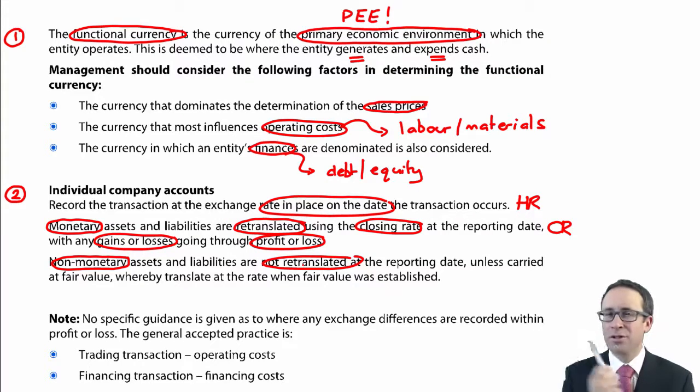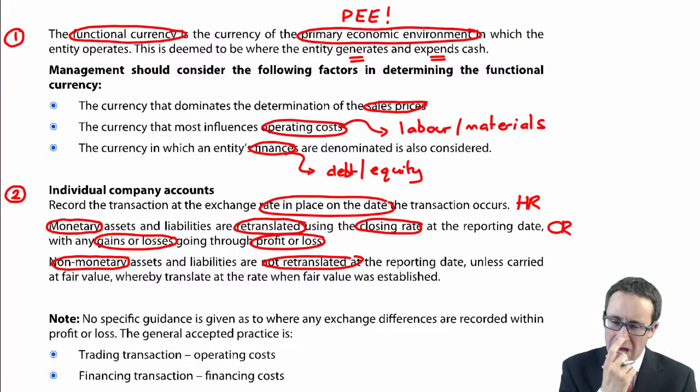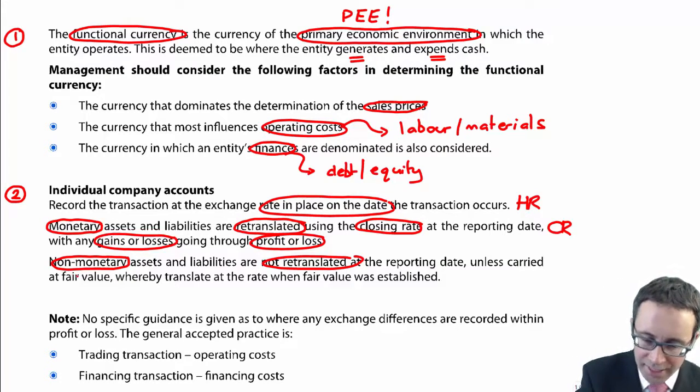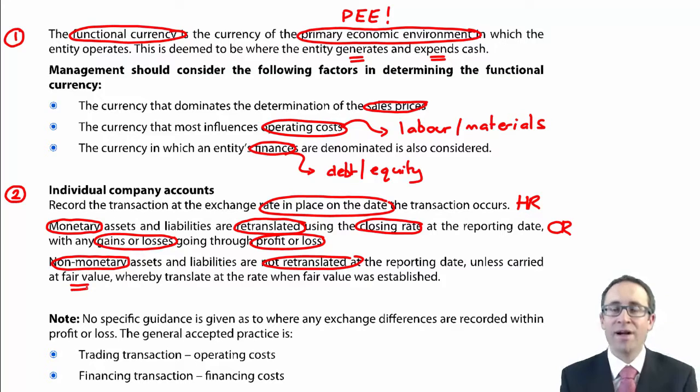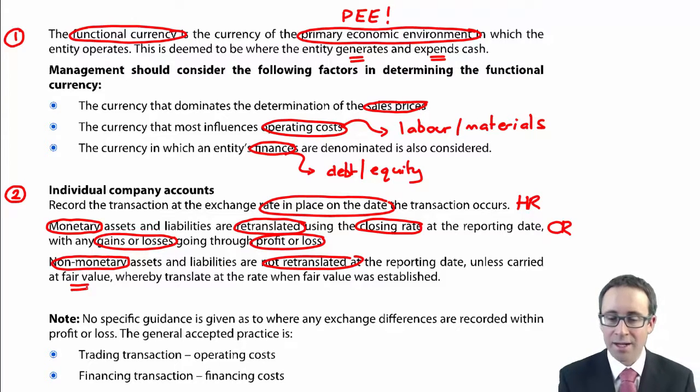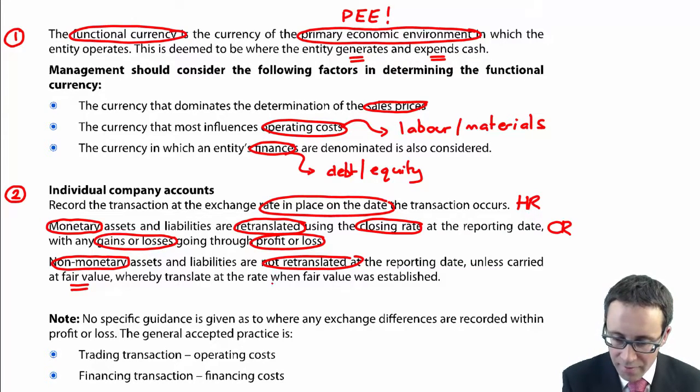Okay, there is an exception to the rule. I would just be aware, however, I don't think it's going to be examined at this F1 level. However, unless that non-monetary asset is carried at fair value and you need to revalue it to fair value at the reporting date as part of the accounting treatment, not as part of a retranslation exercise, if that's the case, you translate at the rate when the fair value was established.